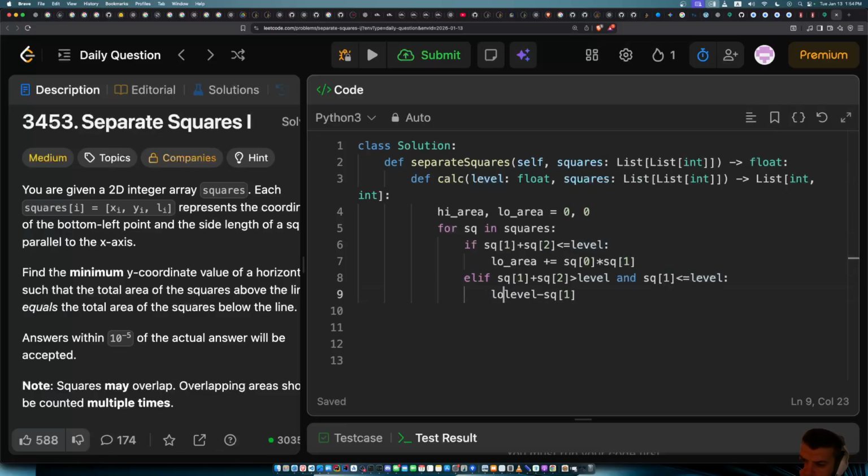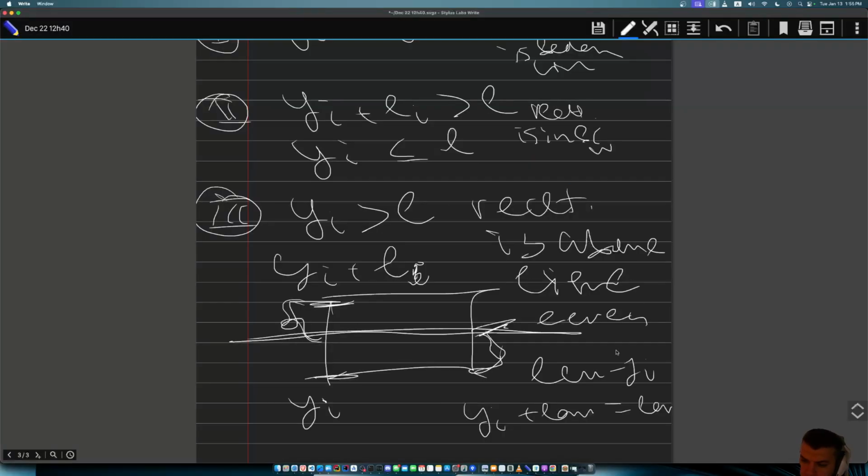So the low area plus equal this one multiplied by square 0. And the high area gonna be the same plus equal, and in this case I need to subtract: size li minus level minus yi.